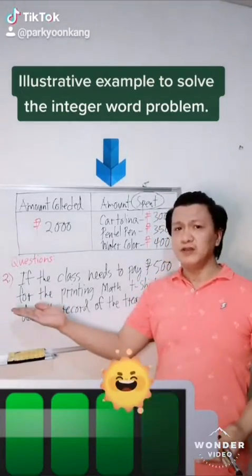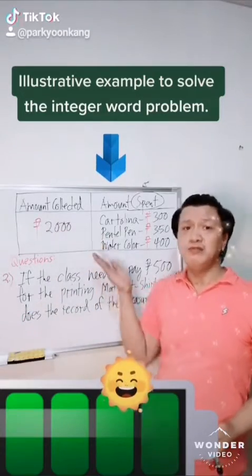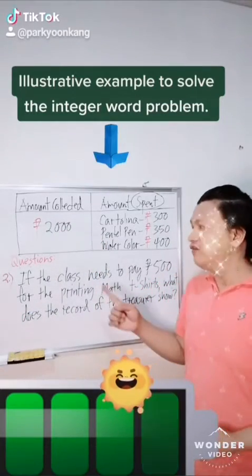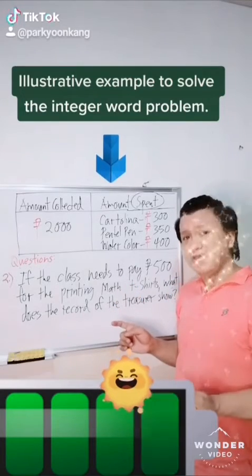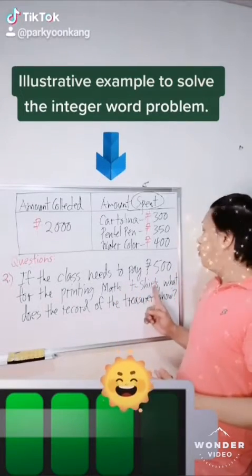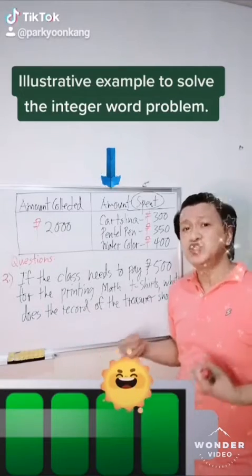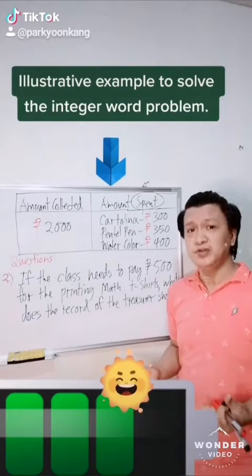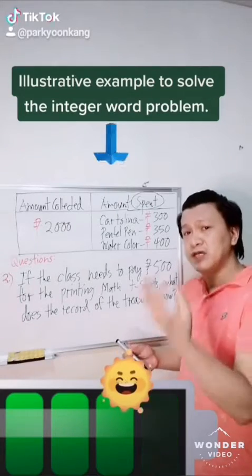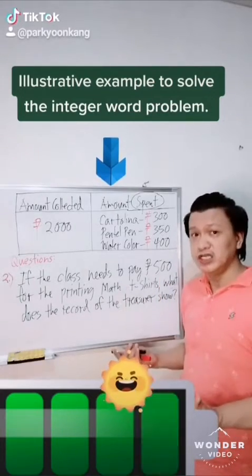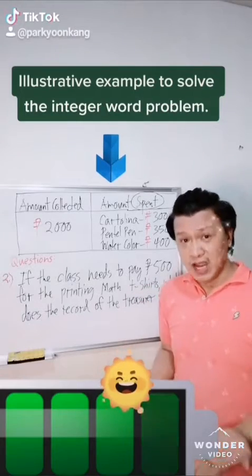How are you going to answer the given question number 2 based on the table as a continuation? If the class needs to pay 500 pesos for the printing of the math t-shirt, so what does the record show of the class treasurer? Meaning, kapag magbabayad ulit ang treasurer ng 500 pesos para sa math t-shirt, ano ang ipapakita niyang record?